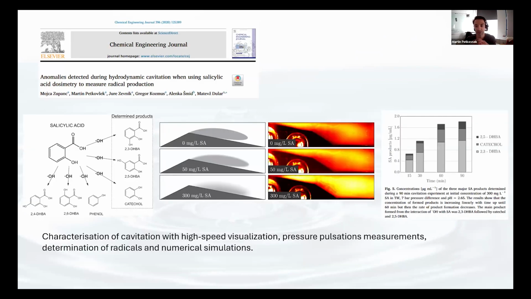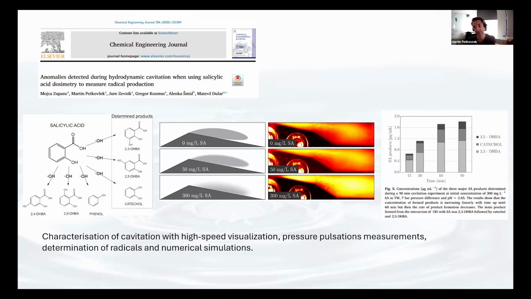We also made a research study where we determined how many radicals are formed within the cavitating flow. For this, we used a salicylic acid dosimetry, and along the way, we also discovered that cavitation was strongly influenced by extremely small amounts of added salicylic acid.